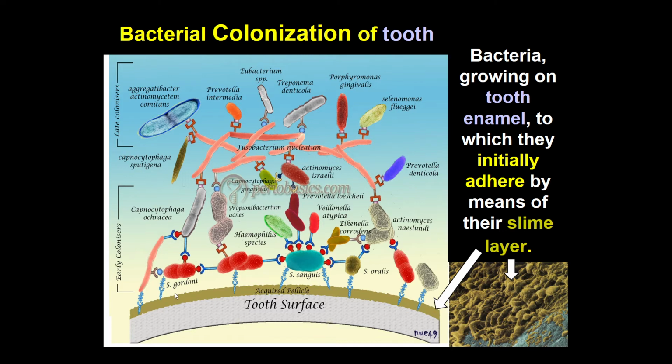This slime layer occurs in every part of this colony, causing the common protective biofilm that contains different types of microbes in the depth and protects them from killing by the bactericidal factors of the saliva and antiseptics.